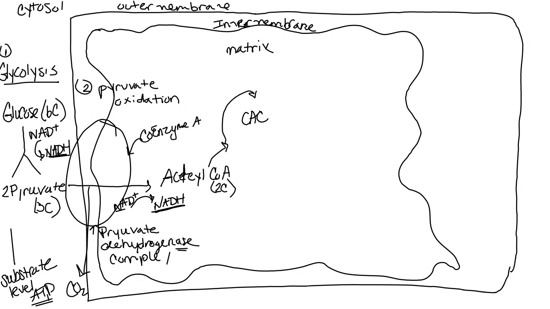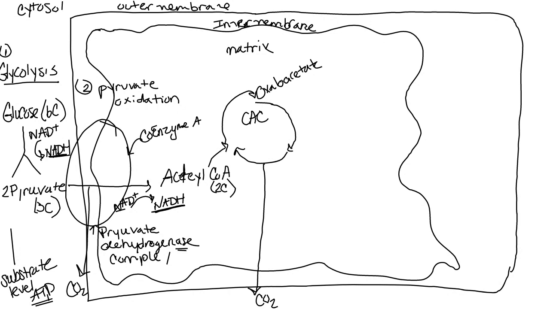Acetyl-CoA is going to join the cycle by joining with oxaloacetate. And then it's just going to finish breaking down. As we finish breaking it down, we are going to release the rest of the carbon dioxide. So what are we breaking down? That 2-carbon molecule of acetyl-CoA.